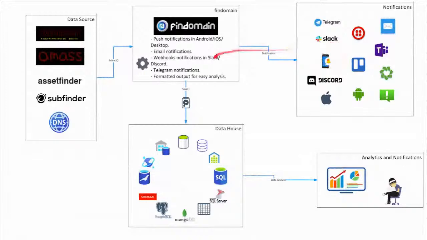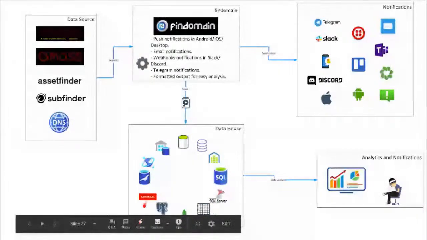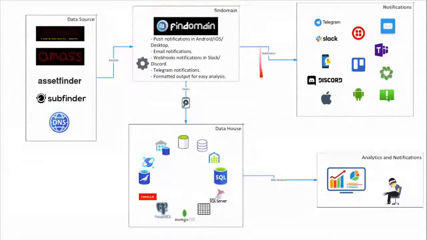Let's say it has found 10 subdomains for tesla.com and stored them in the PostgreSQL database locally. After 12 hours, let's say Findomain has executed again and found 20 new subdomains. Findomain will send me those new 20 subdomains to the Discord server that I have configured with Findomain. So it was sending me the new subdomains that have been enumerated.